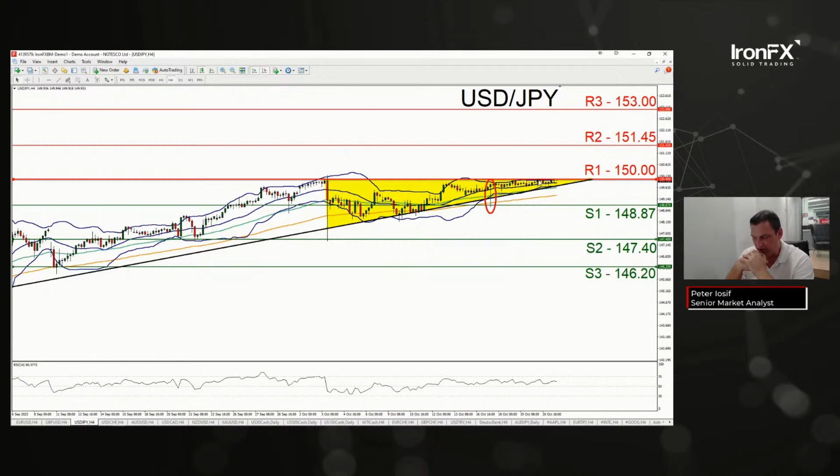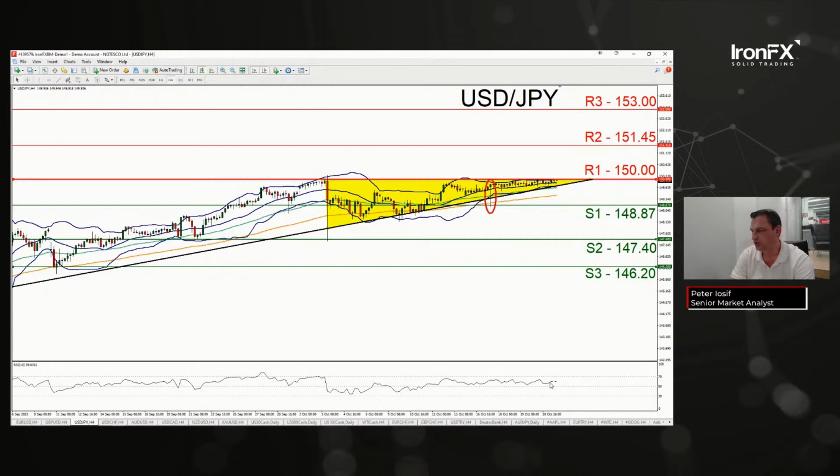The second would be the fact that the RSI indicator has risen above the reading of 50. It's actually at 60. And that may also be implying that there is a slight bullish sentiment within the market. Yet for a bullish outlook, I would require a clear break of the 150 and the price action to start aiming for the 151.45.